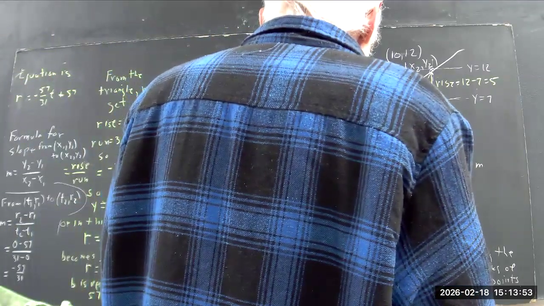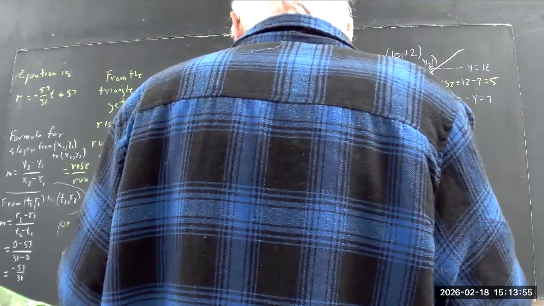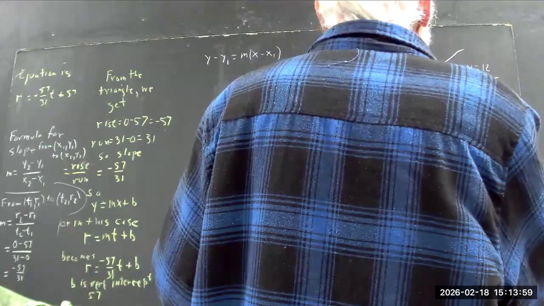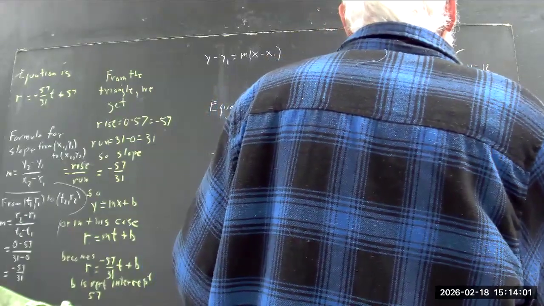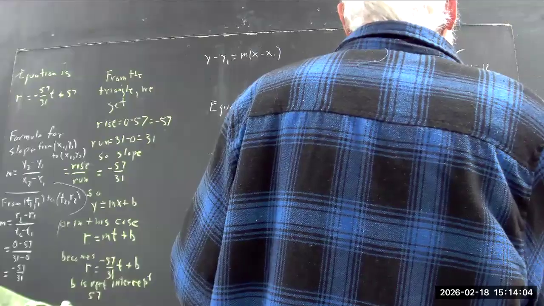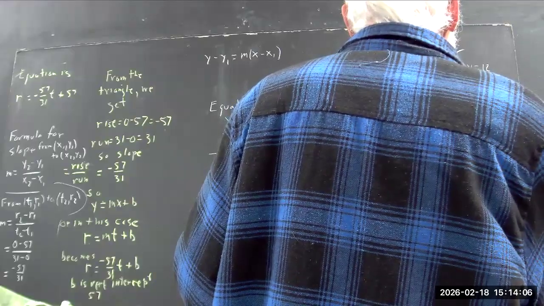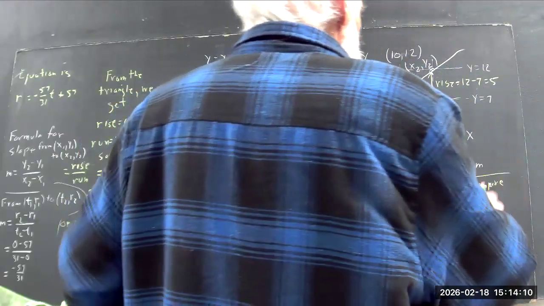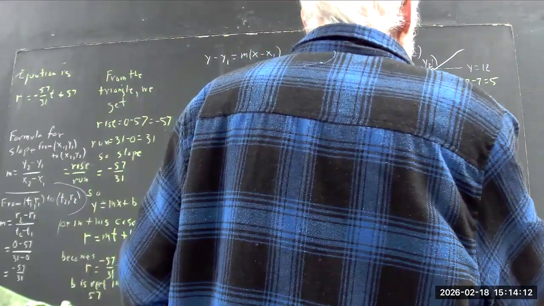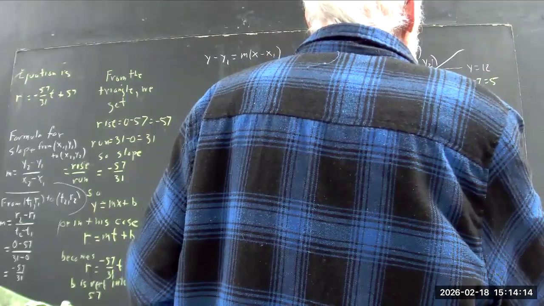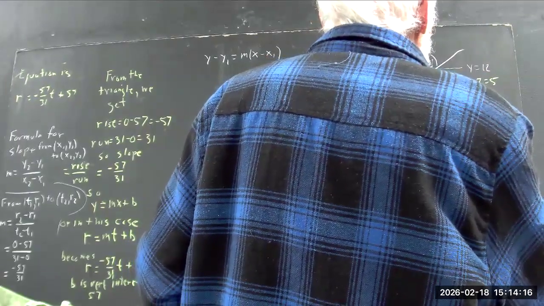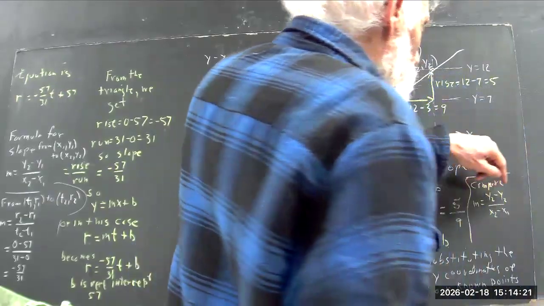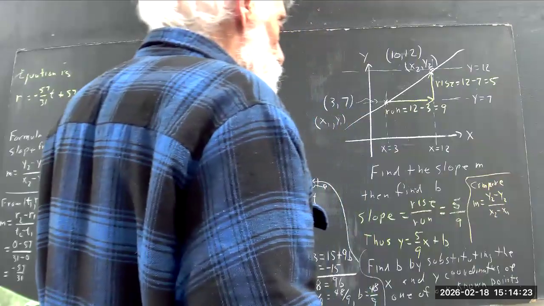So I'll write that in over here. M equals y2 minus y1 over x2 minus x1.